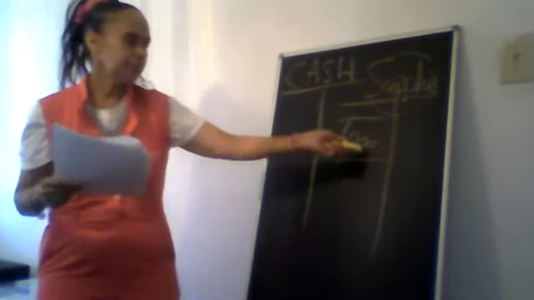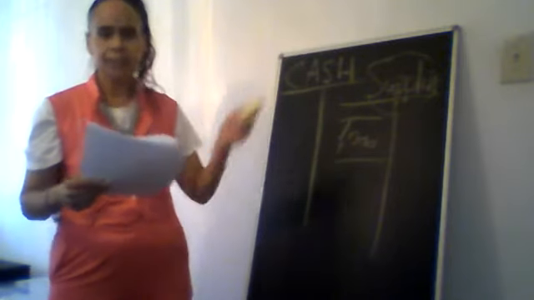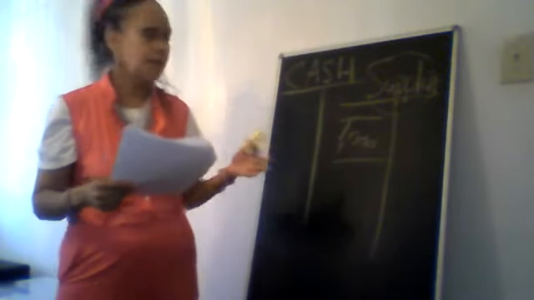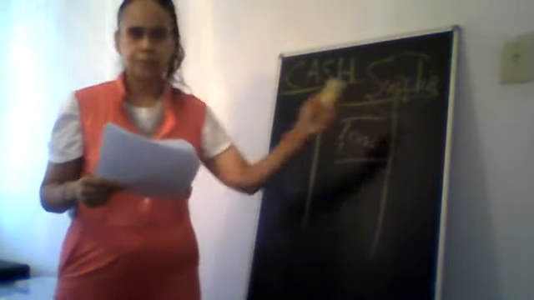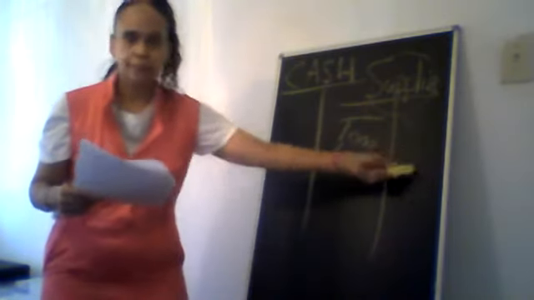Debit on the left for an increase. Even the land account, if you purchase some land, that's an asset account, you debit on the left. But if you're getting rid of land, you want to credit on the right.